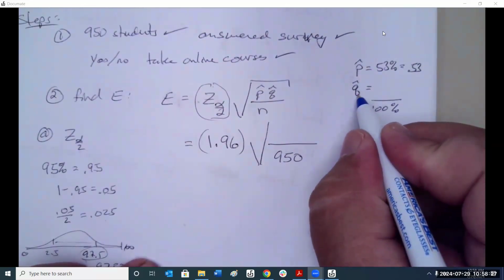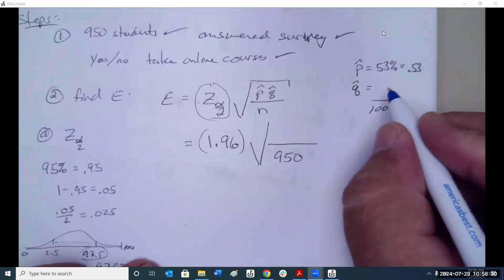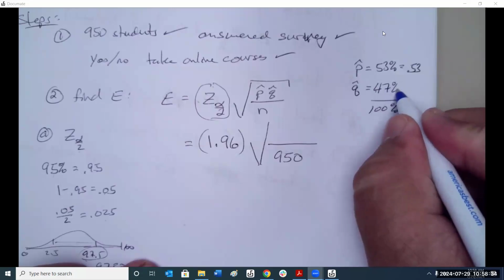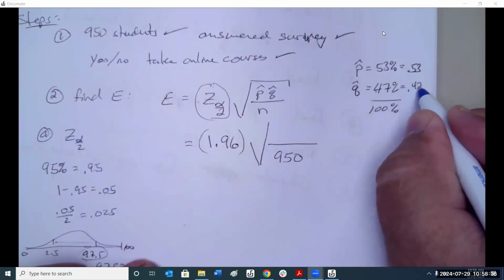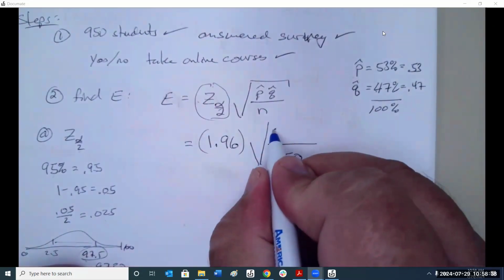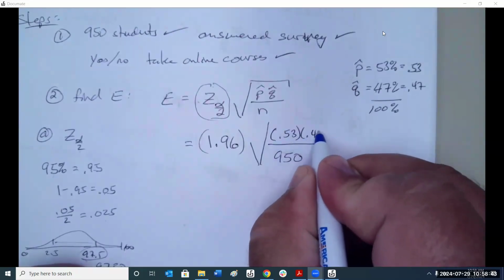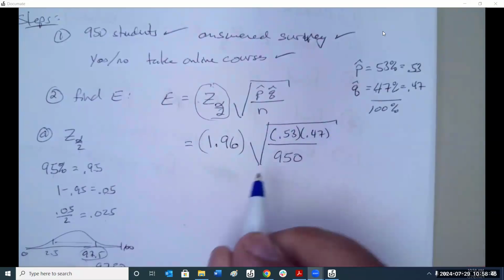How many people did not take online courses? 47% or 0.47. So it's 0.53 times 0.47.